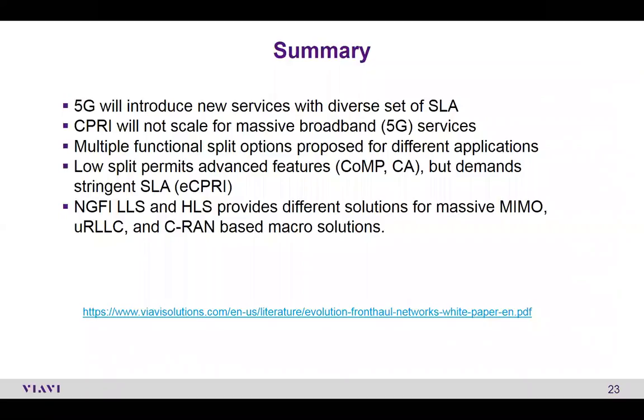Lots of activities going on in bodies like IEEE and xHaul and NGMN and other bodies that look into what we can do as we bring together the fronthaul and backhaul, this xHaul network. So it will be interesting to see, but definitely the current backhaul will not be able to support that kind of SLAs like 65 nanosecond.